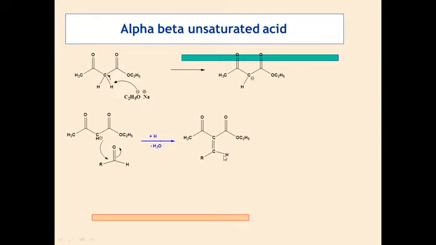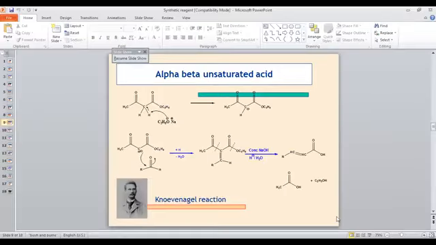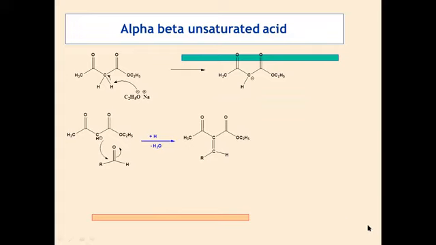Now after that, you know very well, the next step is hydrolysis. So what is to be done in a hydrolysis? In a hydrolysis, now you can add water molecules. See here, the hydrolysis is again in two steps.